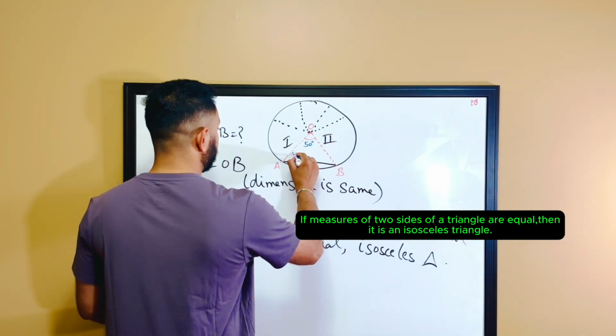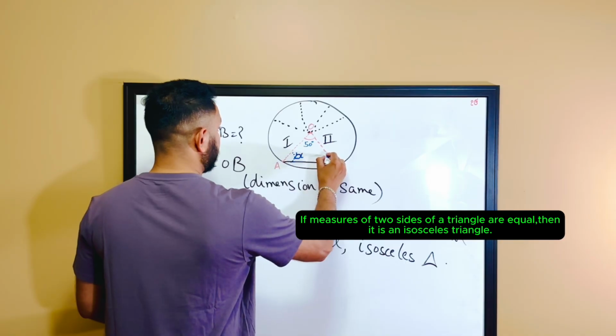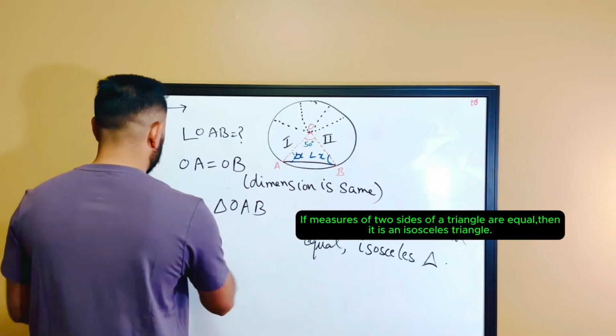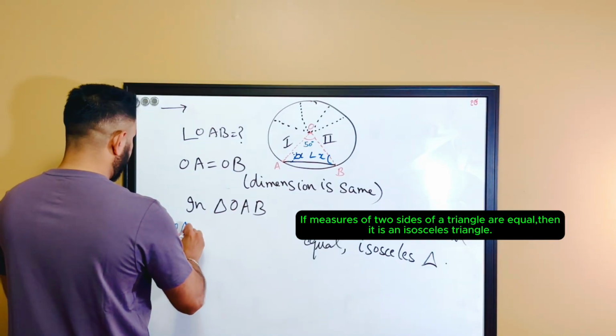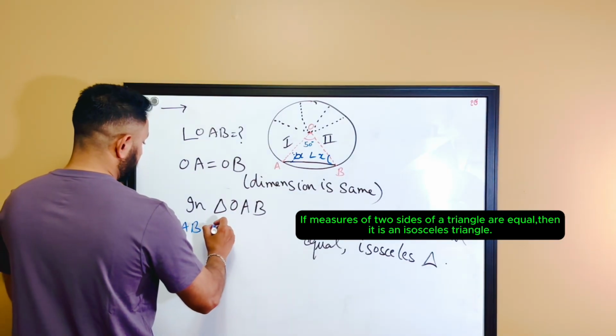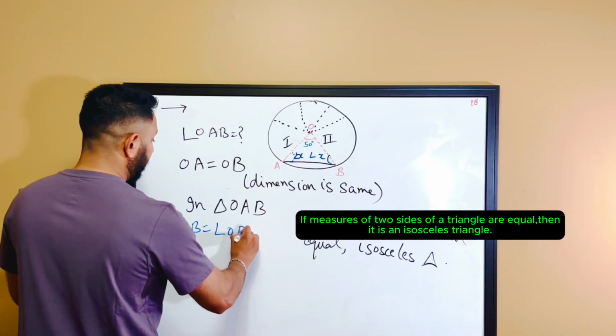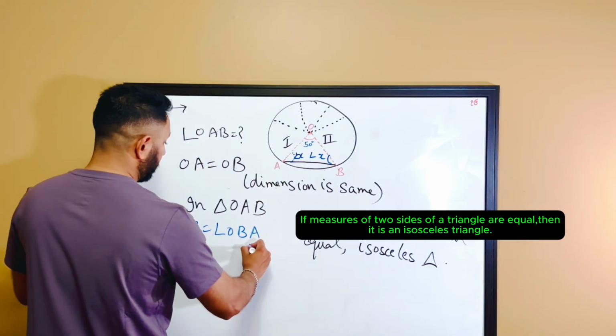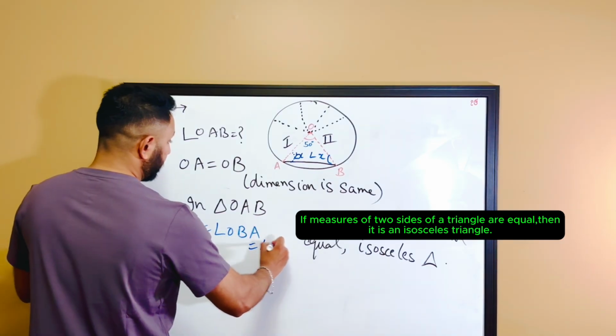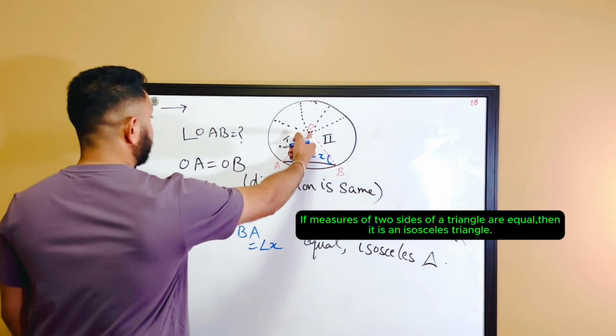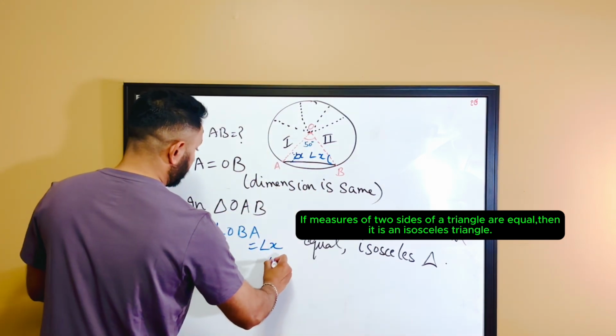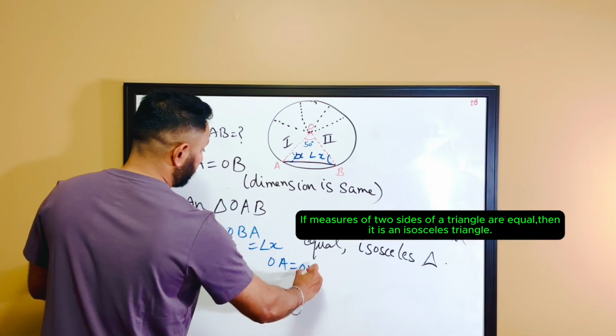So let's suppose this has angle X and this also has angle X, like angle OAB and angle OBA, they're equal because the sides OA and OB are equal.